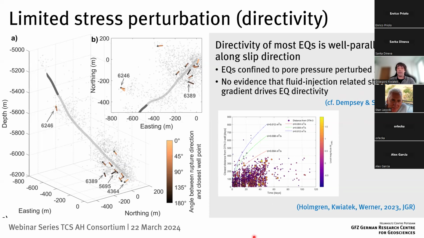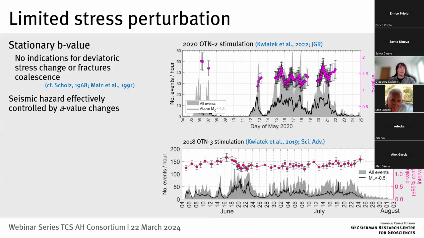This is not happening here. Neither do we observe directivity outside of the reservoir, except for one single event that could be driven by the tectonic stresses.